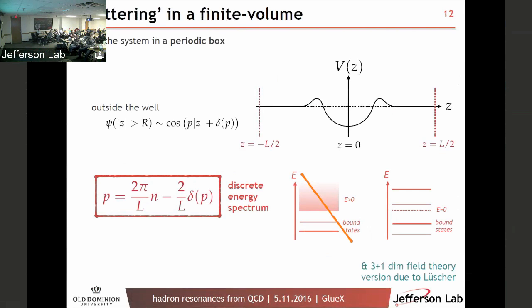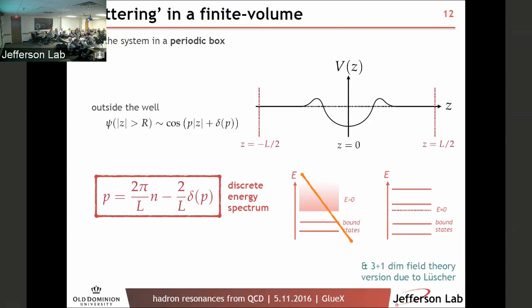If we compute the energy spectrum using lattice QCD, we can infer something about the scattering amplitude from it. So even though we calculate a discrete spectrum of states, we can still infer something about the continuous spectrum of scattering solutions for positive energy. And that's basically the idea.